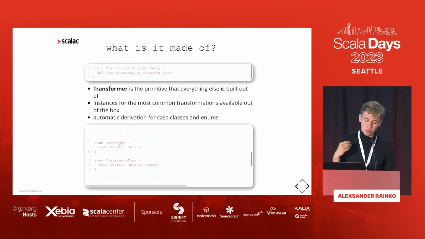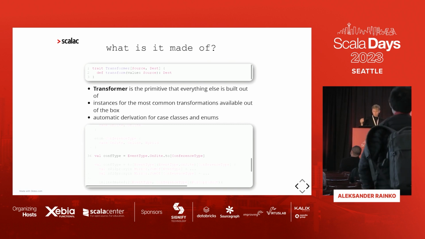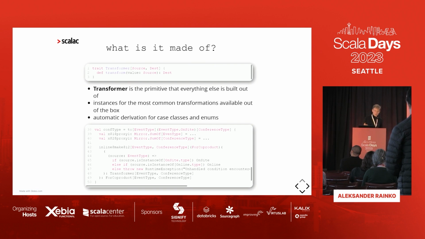So another example, we have two enums here. One of which is EventType that has two cases, OnSite and Online, and a second enum called ConferenceType that has three cases, OnSite, Online, and Hybrid. So once again, we can say EventType.OnSite.to[ConferenceType], and the thing that will be generated will be an if-else statement that matches on the type, but actually underneath it matches on the name, right?